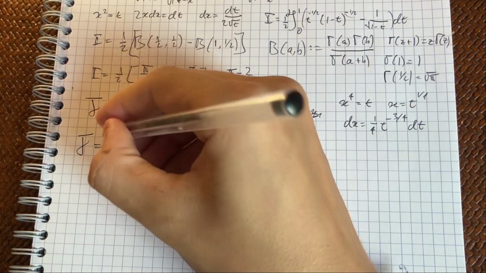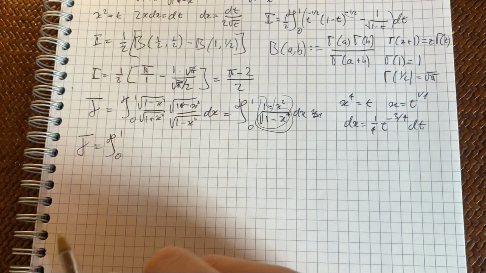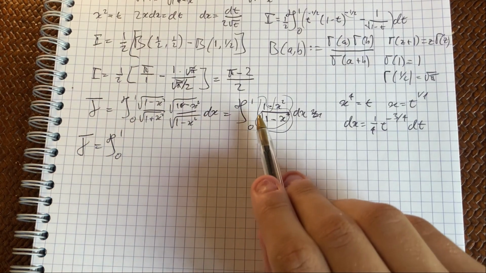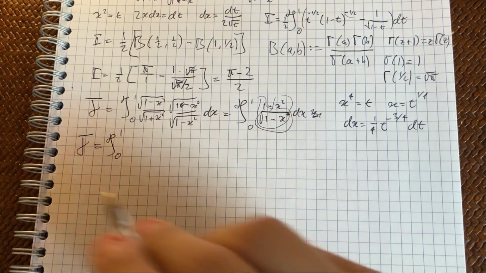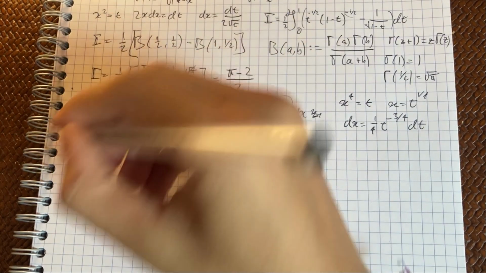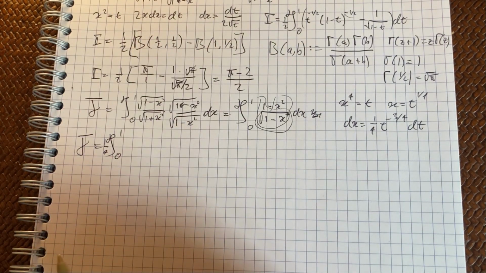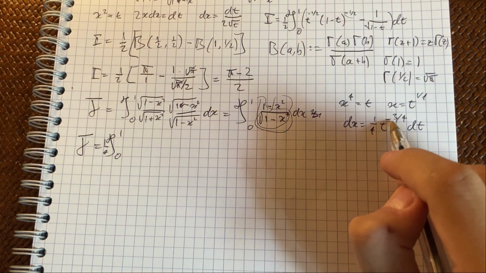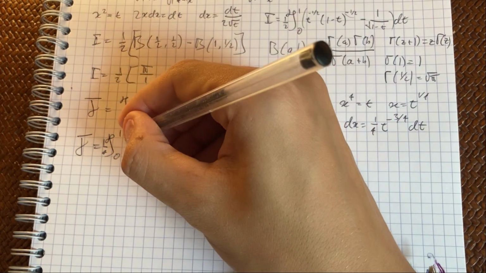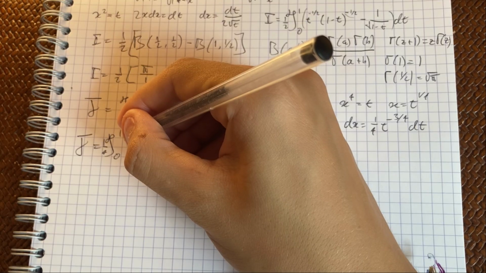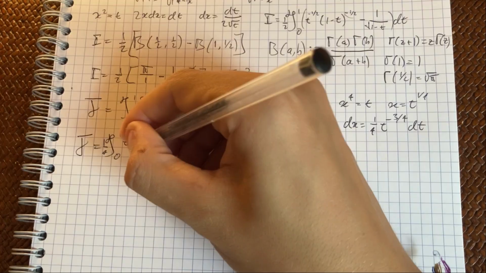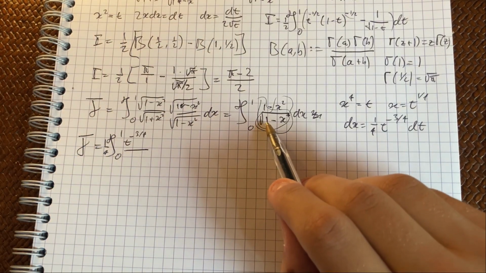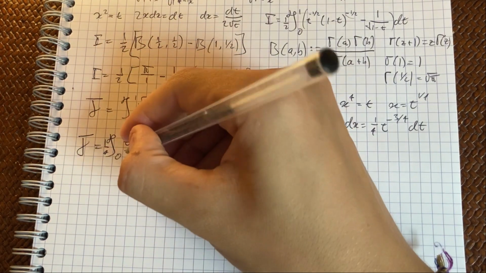So j is nothing but the integral from 0 to 1 of, well, in this case we have only 1 and then the dx, so we can just put a 1/4 in front of everything, and then we have t to the negative 3/4, all divided by square root 1 minus t.